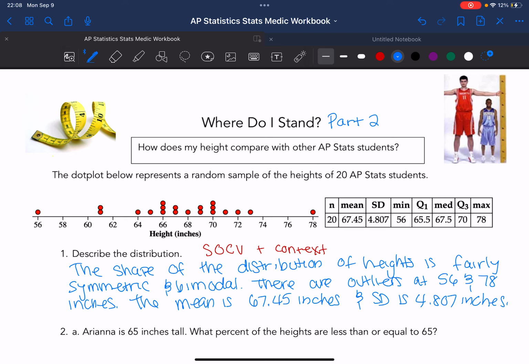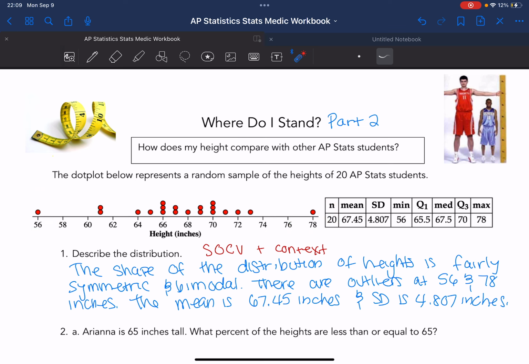So here we described the shape. So right here, the shape is fairly symmetric and bimodal. That's S. O is outliers, so the outliers at 56 and 78, and we can clearly see that on the dot plot.